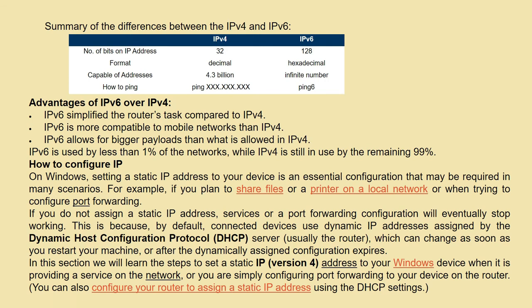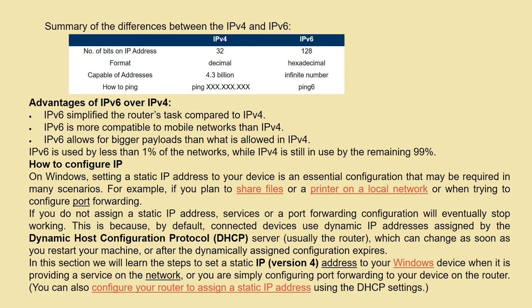So remember this: if you do not assign a static IP, then the service or port forwarding configuration will eventually stop working. It will not work. So first you have to assign the static IP, and only then can you forward the port and provide the service to others.